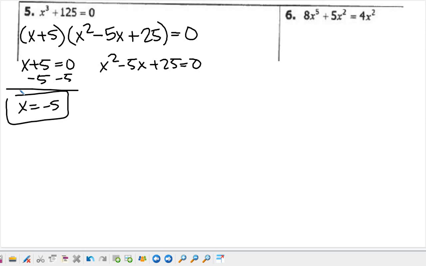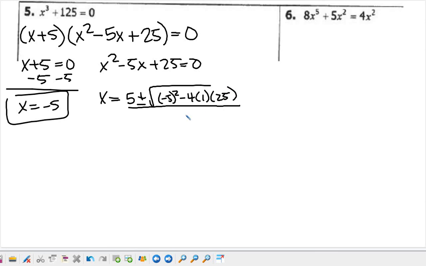What do we do if it doesn't factor? Well, you can use quadratic formula, completing the square, pretty much anything you want to use, but probably the go-to and the easiest thing to use is quadratic formula. So x is equal to the opposite of b plus or minus the square root of b squared minus 4 times a times c all over 2 times a.